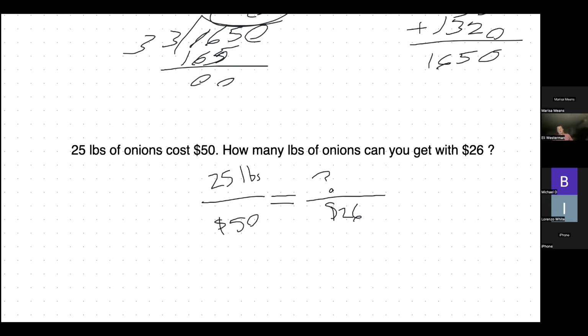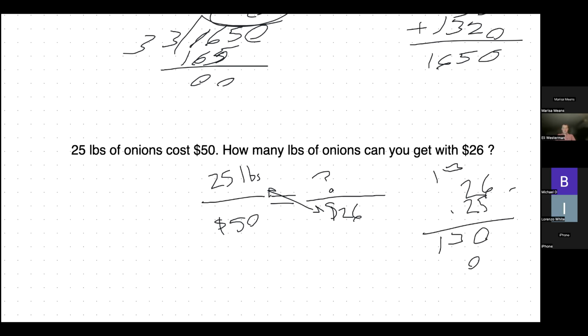So now we have to do the multiplication out. So the cross multiplying. So first we multiply across 26 times 25. 5 times 6 is 30. Carry the 3. 2 times 5 is 10. Plus 3 is 13. Carry the 1.